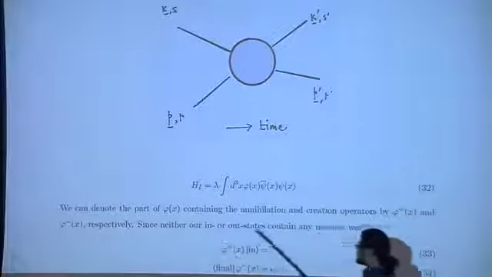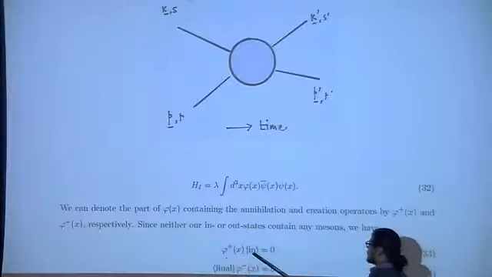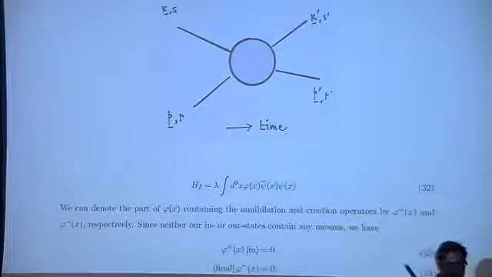Now see, neither our in state nor our out state has any phi particles, right? So the annihilation operator will just commute with all the B dagger operators which created that in state. And therefore, phi plus will annihilate the in state. Is that clear?